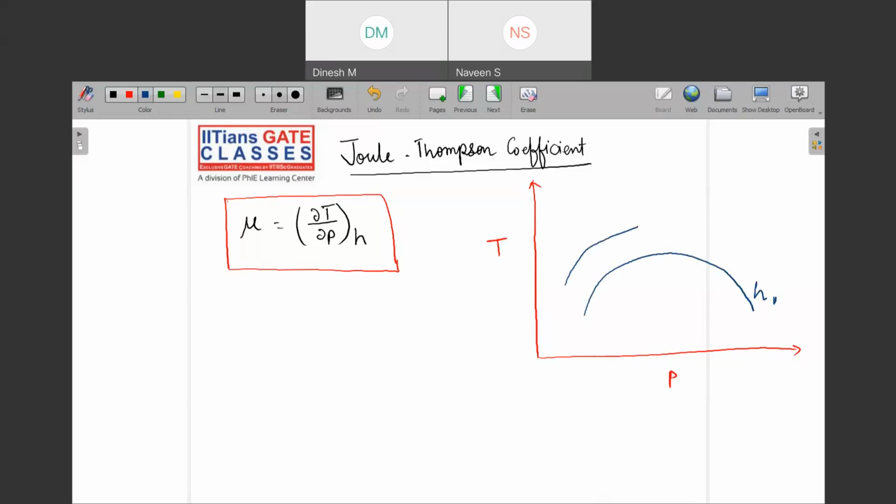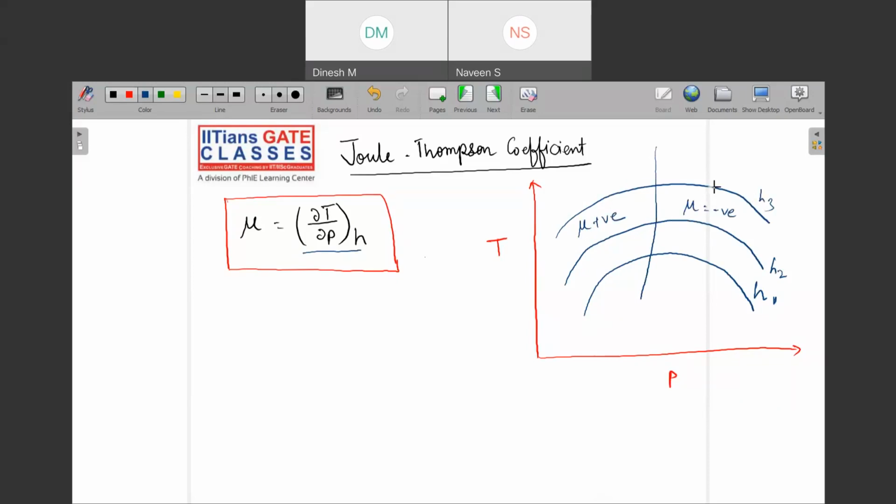Then if I draw something like this, this is your H2, so your enthalpy is increasing in this direction, and this is your H3 and like that. So can we see that this curve has started increasing and then it has decreased? Yes or no? So there is a point where this change is zero, meaning that from positive to negative it is traveling. If you try to identify the slope in this region, here you will find mu is positive and here your mu value is negative.